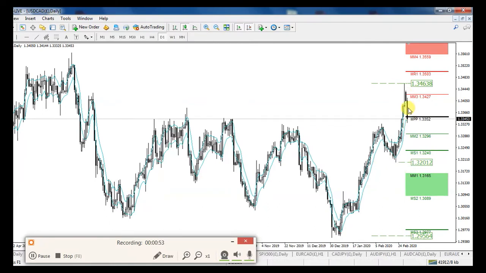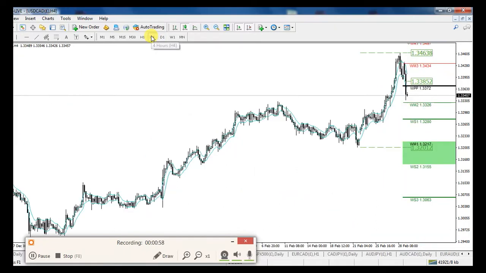It's steadily retracing down and testing this monthly pivot right now. I'm expecting more downside, about 133.100, maybe 133.05 it will run.